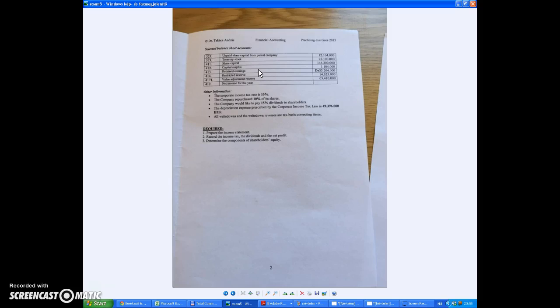The capital surplus must be here somewhere. Well, this is this amount, so it doesn't increase by any means. So this is the capital surplus.